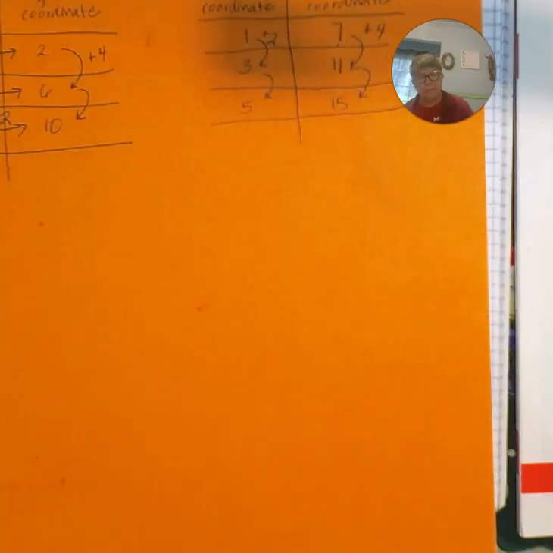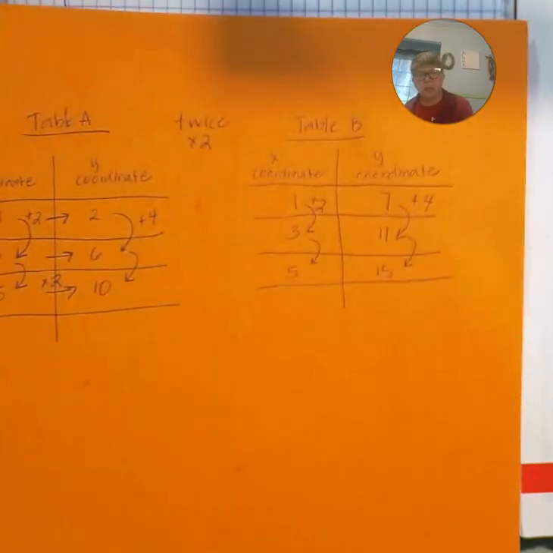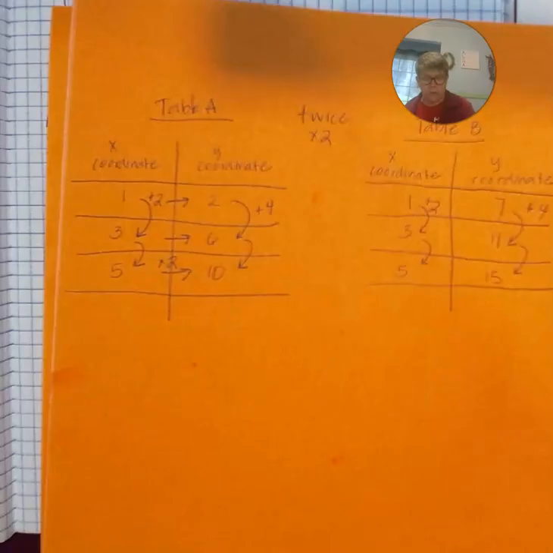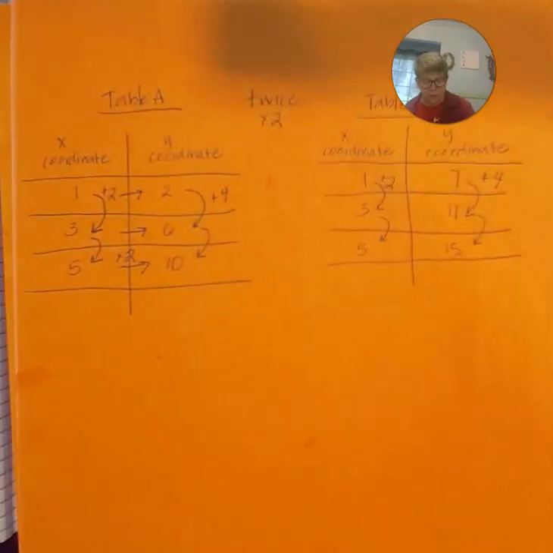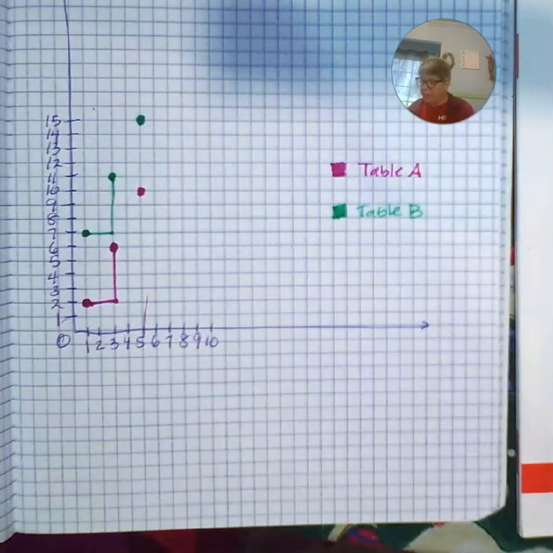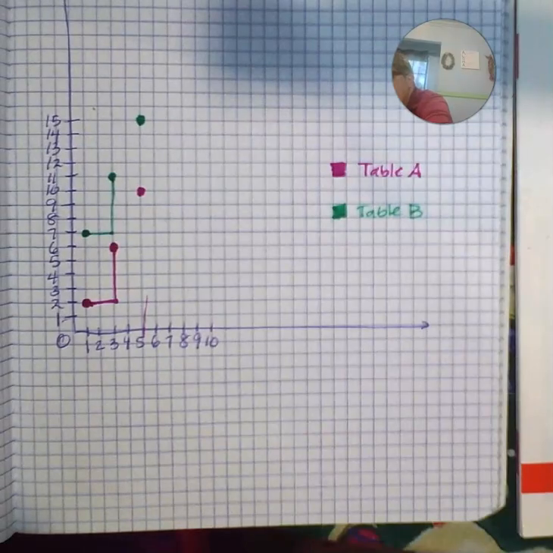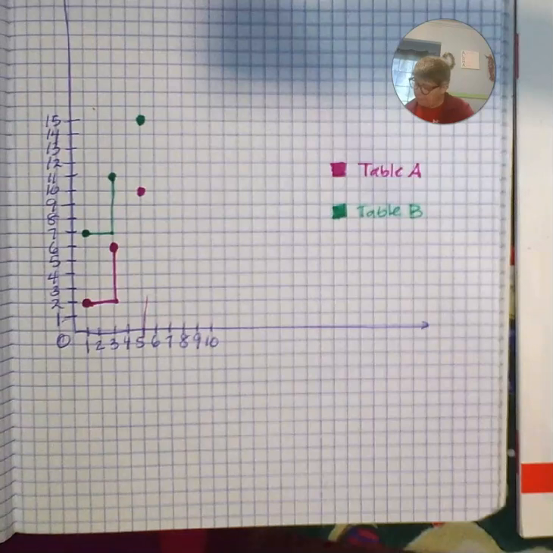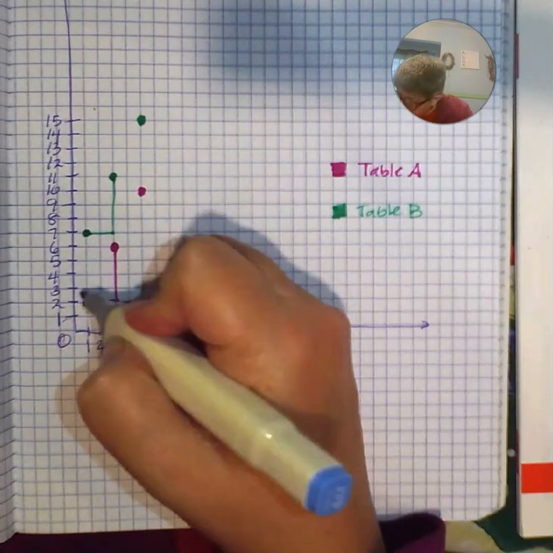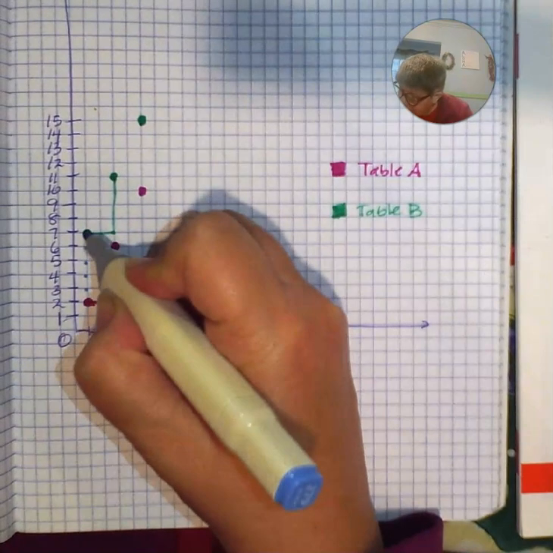And compare the locations of the points from table B to the locations of the points from table A. So this is a little bit interesting because we can look at our points from table B and our points from table A, and do you notice, get a different color here, maybe blue, and we can see 1, 2, 3, 4, 5.